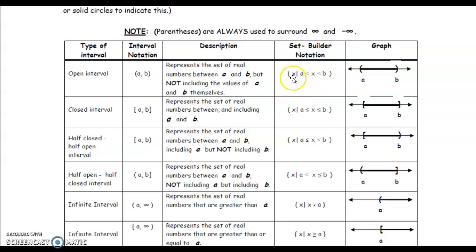I'll maybe say this, that this notation right here, it's not that important, but it reads as the set of all x such that, so this line right here reads such that x is between a and b.